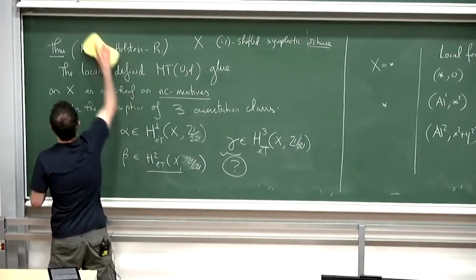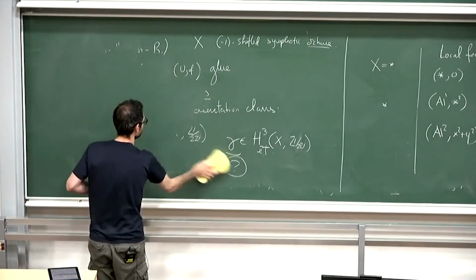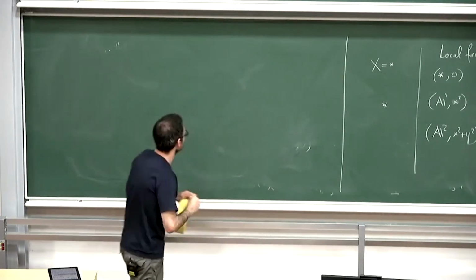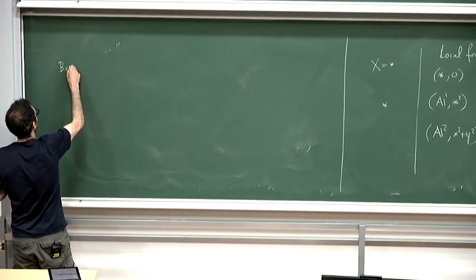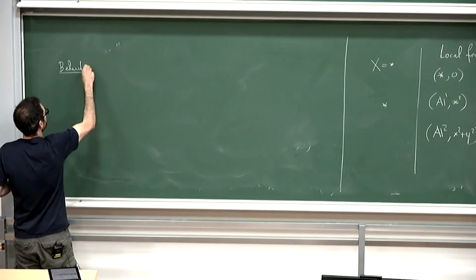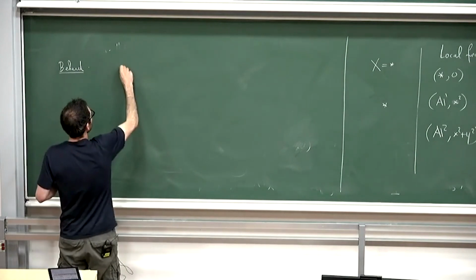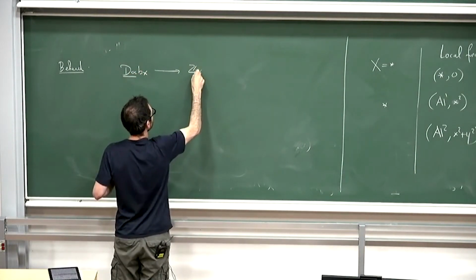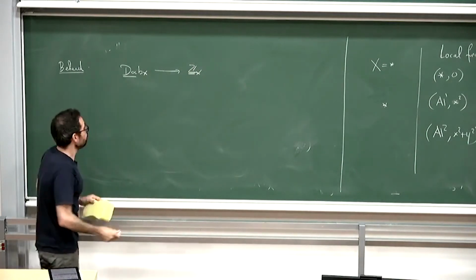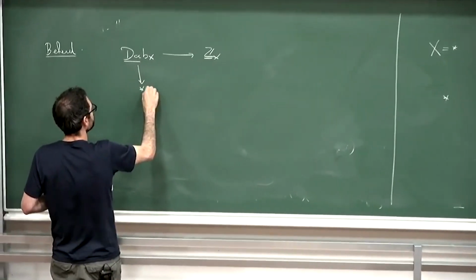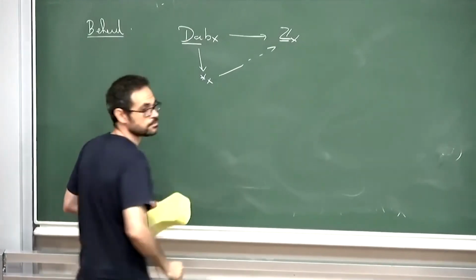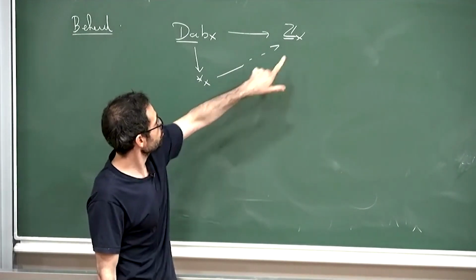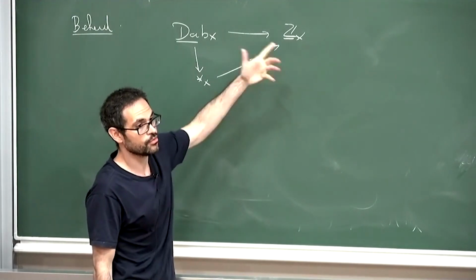So I erased Barron's theorem and Joyce's theorem. But what they actually say, in this language, is that Barron's theorem says you have this map of stacks, and the gluing is the fact that this map factors through the final sheaf. If you have a map from the final sheaf to the constant sheaf, it's just a global section of this sheaf, so it's a function.